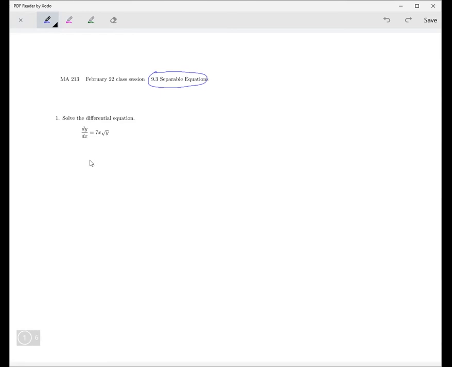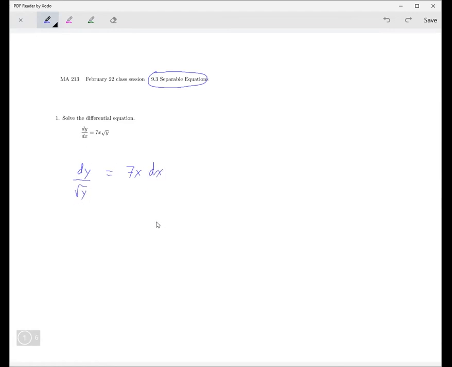What happens is you treat this dy/dx like a fraction, okay? What that means is, right now I'm just going to change this. Well, this can go over here, and the dx goes over here.